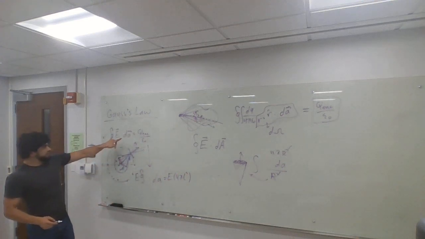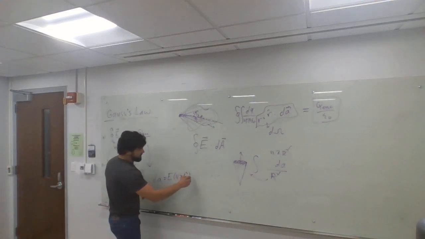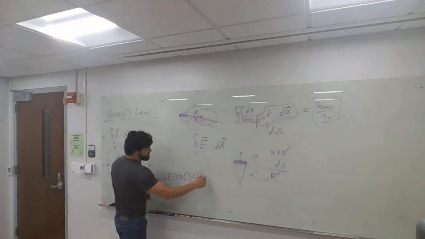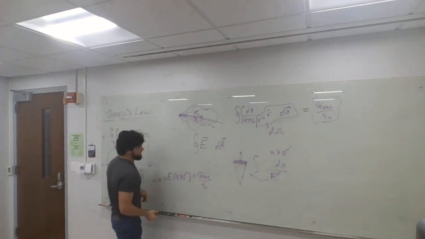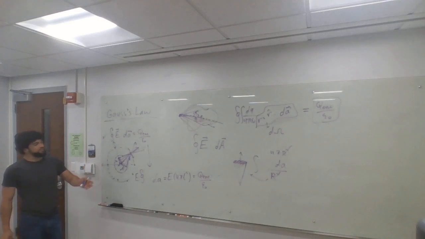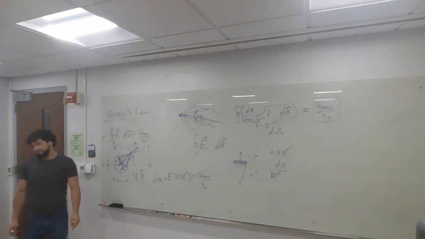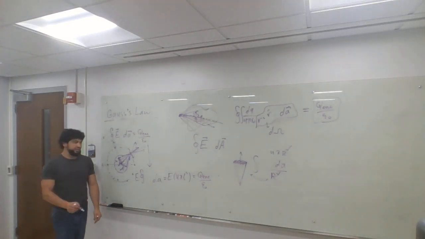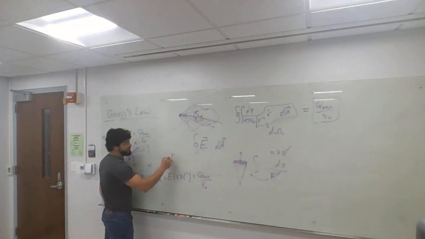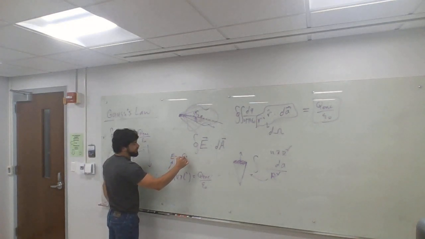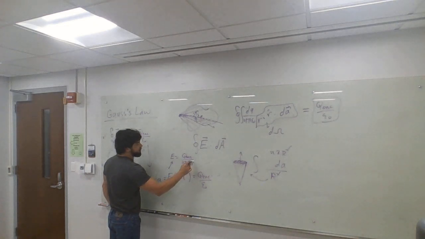But this is equal to Q enclosed over epsilon naught. Divide both sides by that area, and then you get E. So in this case, E is going to be equal to Q enclosed over 4 pi epsilon naught R, or I'm sorry, L squared.